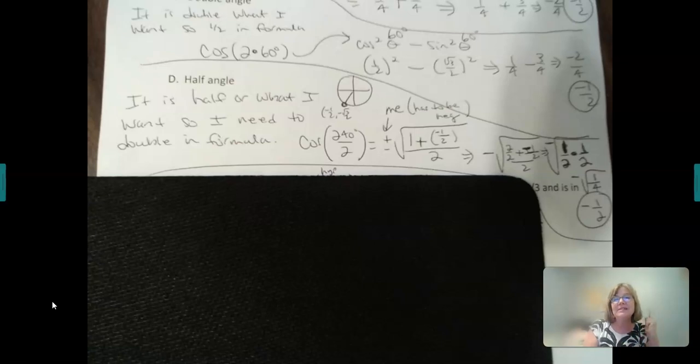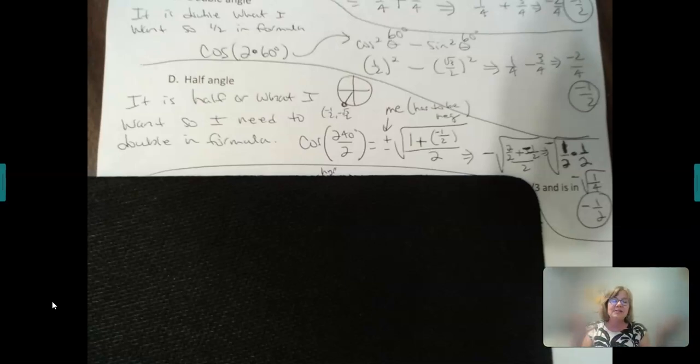But what I'm given is half of what I want, okay? So in that case, they'd have to double it to get 45, because what they have is half of what they want. So when you're doing the half angle, you double your angle because it's half of what you want, okay?